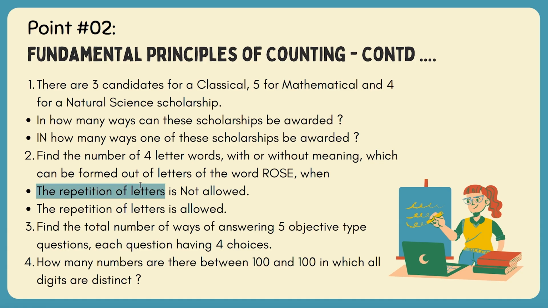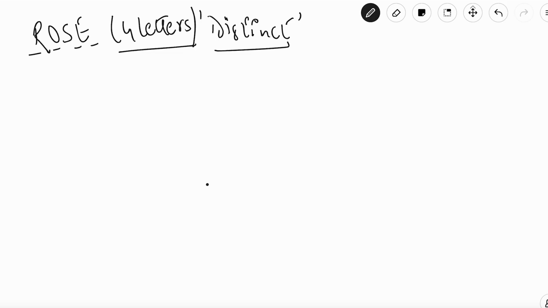There are 2 conditions. First, repetition of letters is not allowed. So if we choose R, then in the next 3 places in a 4-letter word we cannot have R. Every letter is unique here.